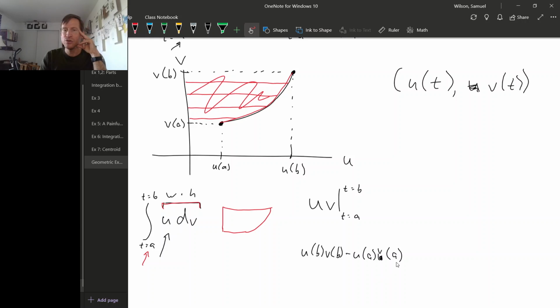Here we have a product again. u is a width and v is a height, so this is width times height. But width times height of what? The second one is u of a times v of a. So that's this rectangle down here.